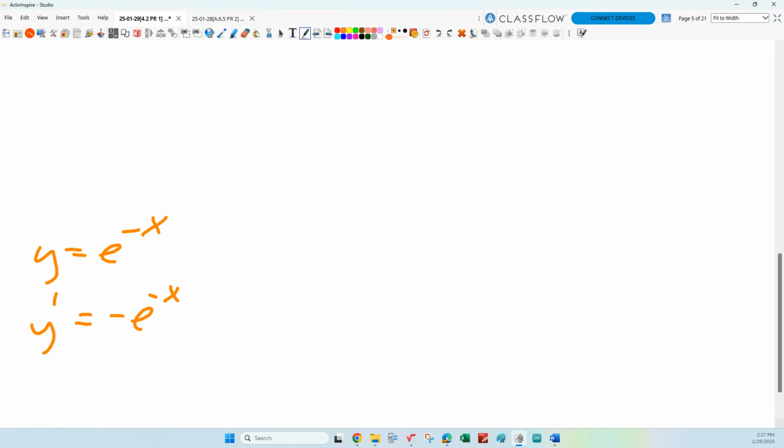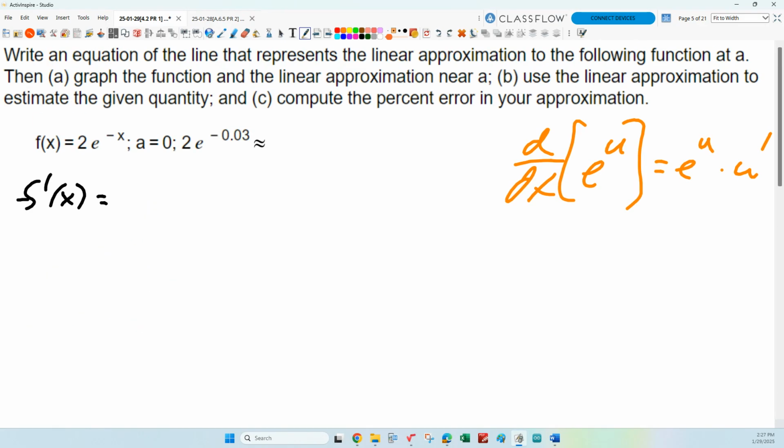Okay? So then we got a 2 out front. So what's that derivative going to become? Good. Negative 2 e to the negative x. And our a is 0, right? So we just need to know what's f of 0. 2 times e to the 0 is 2.